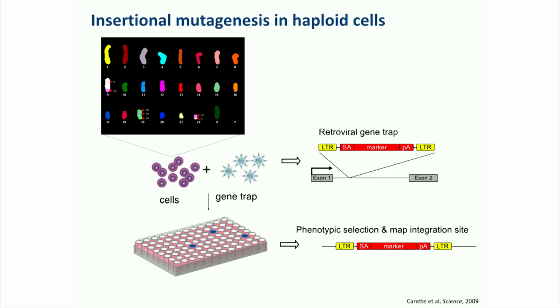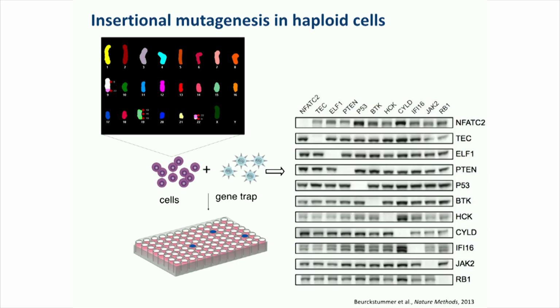In this case, they used retroviral gene traps, or random insertions that led to stop codons in introns and would destroy the function of proteins.